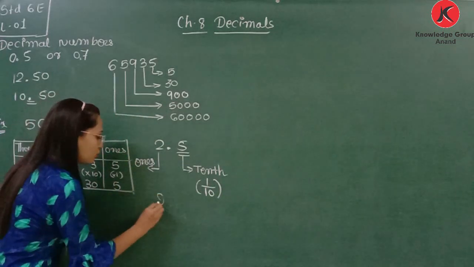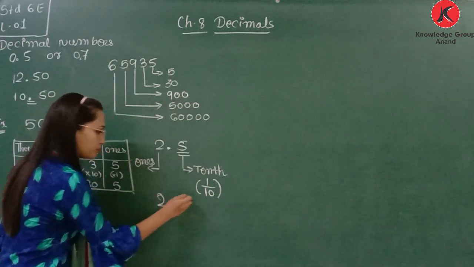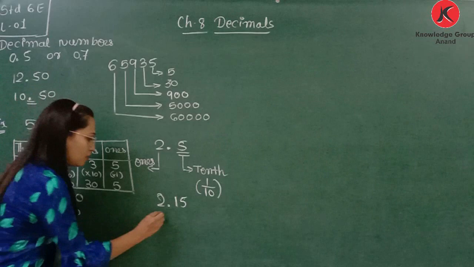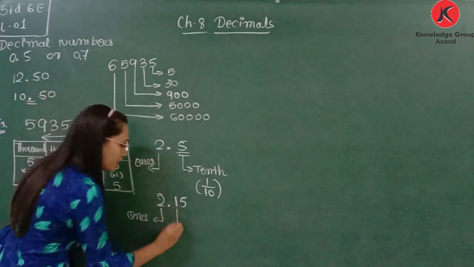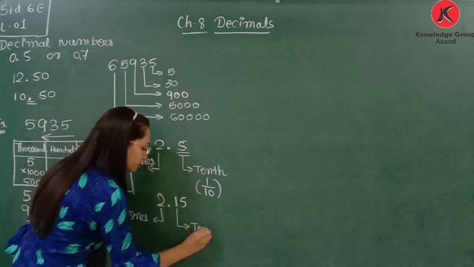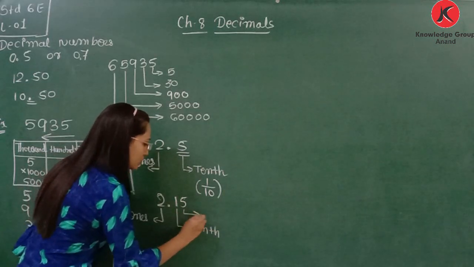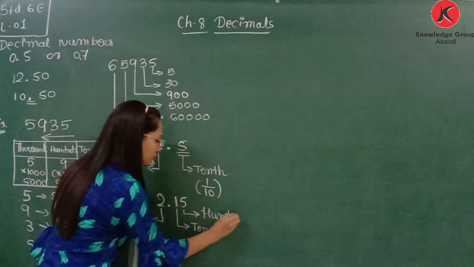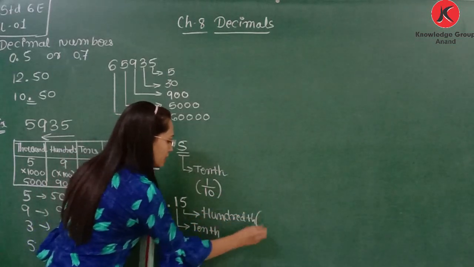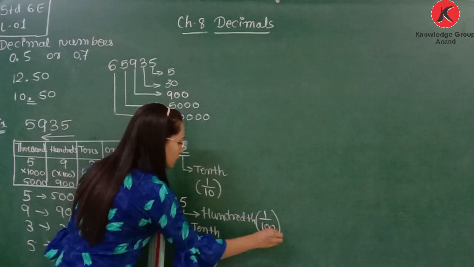If we have the number 2.15, then here 2 is at the ones place, 1 at the tenths place, and 5 at the hundredths place. And it is multiplied with 1 by 100.